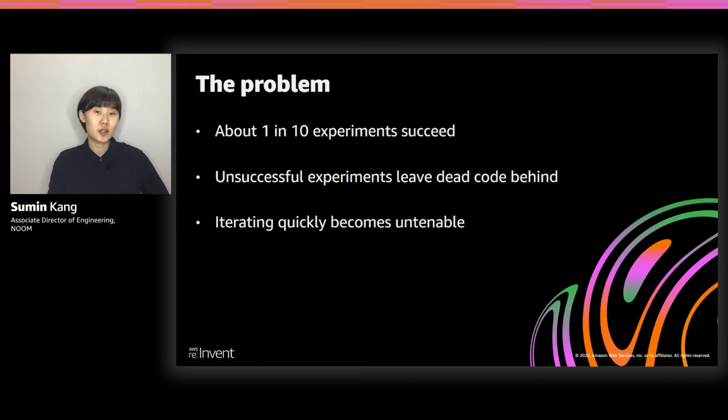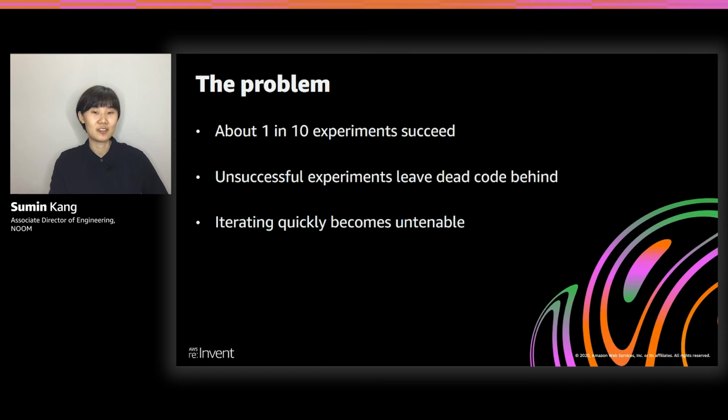So, let me describe the problem we faced while trying to achieve this kind of fast iteration. Anyone who's had experience with any kind of experimentation will know of using feature flags or scattering if statements into the codebase. Consider the following stat. We know from experience that generally only 1 in 10 experiments succeed.